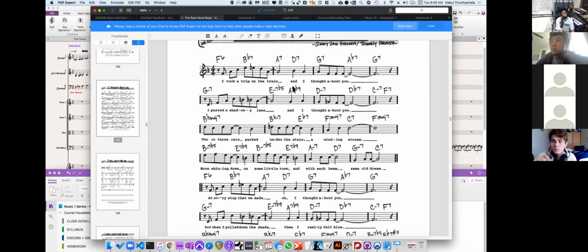And then what about this? This A, does it fit into this G dominant 7 chord? No, right? We're looking for disagreements.